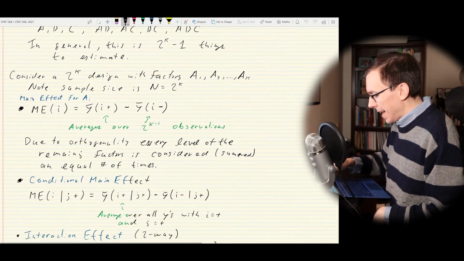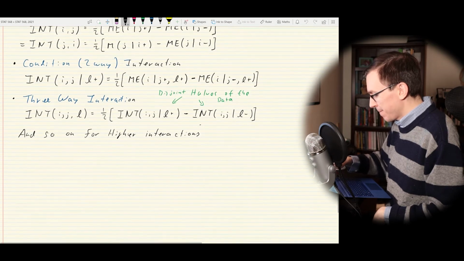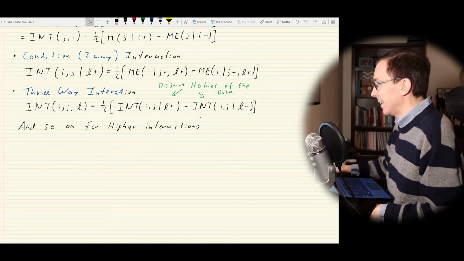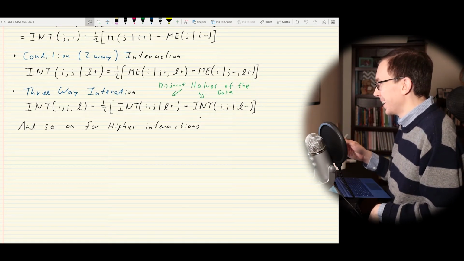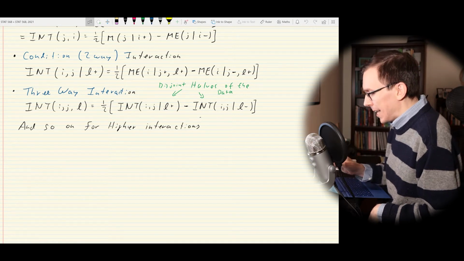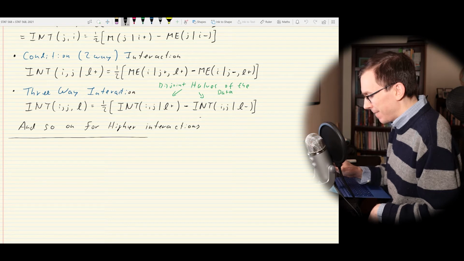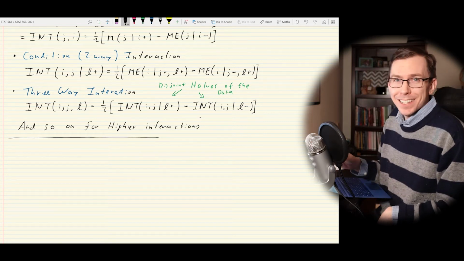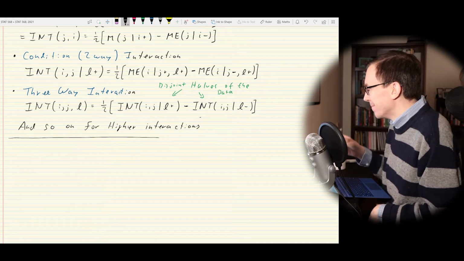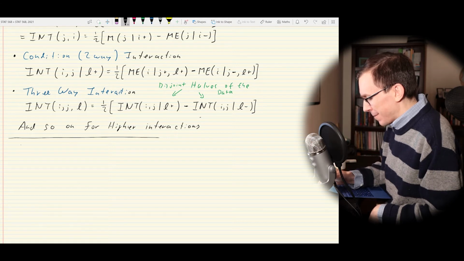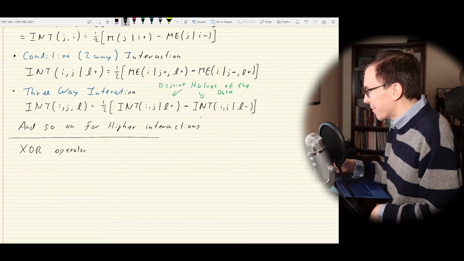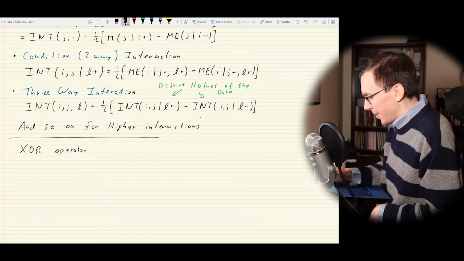Now, that can be made more precise if we decide to write this down as a regression equation using the XOR operator. So if you're into computer science or logic, you might like this. Otherwise, sorry, I guess. So we can define the XOR operator, which I'm sure every subject has their own notation for.